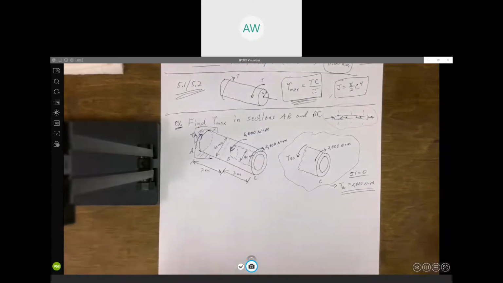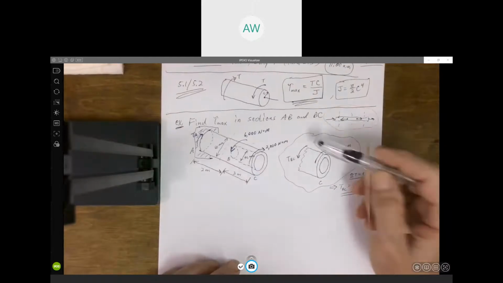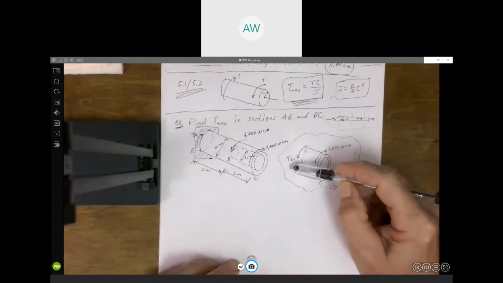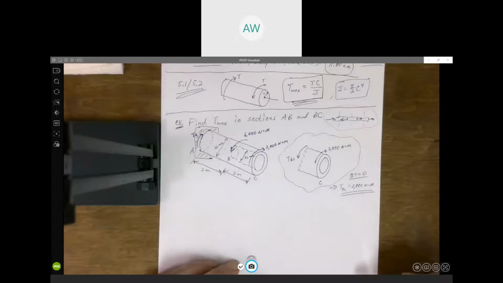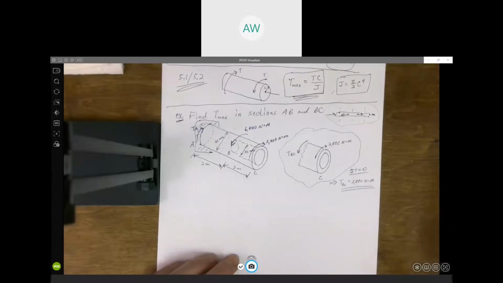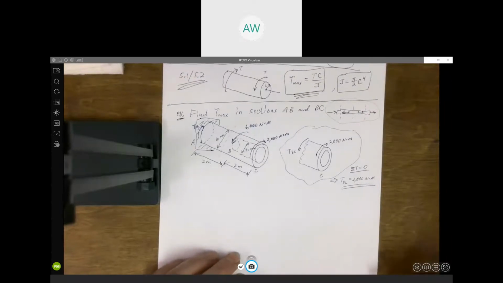We've got a 2,000 Newton meter torque going this way. We've got to have 2,000 Newton meters going the opposite direction, so the torques add up to 0. So that's the torque in that part of the shaft between B and C. Any questions how that torque was arrived at?